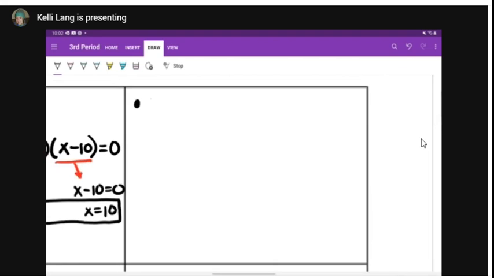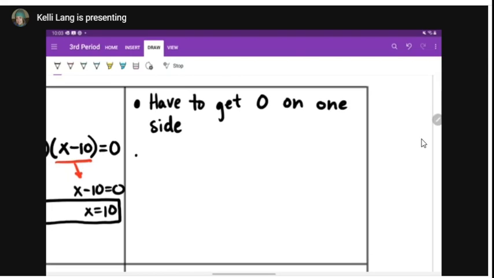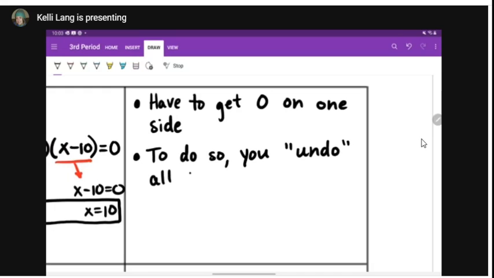The first step was you have to get 0 on one side. You might want to make a note that to do so, you undo all the terms on that side.